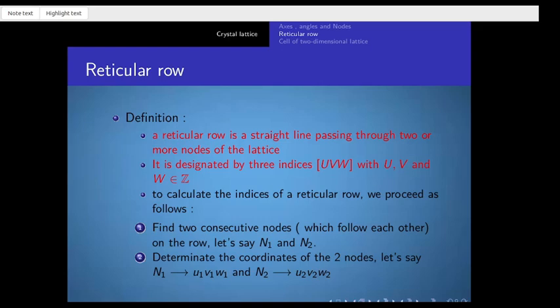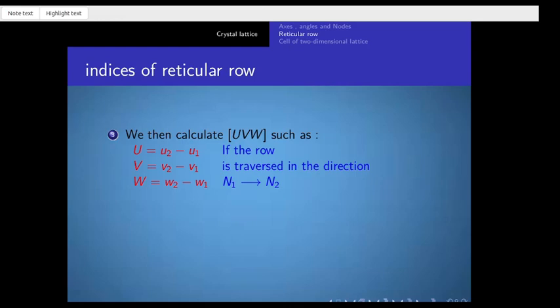Notice that the coordinates are written with small letters. The third step, we calculate U, V, and W, such that U is equal to the coordinates of the end node minus the coordinates of the origin node: U equals u2 minus u1, V equals v2 minus v1, and W equals w2 minus w1.